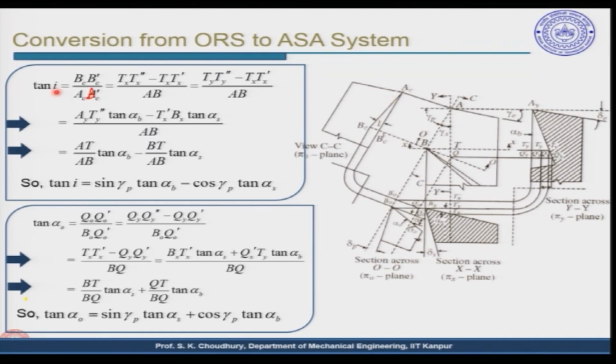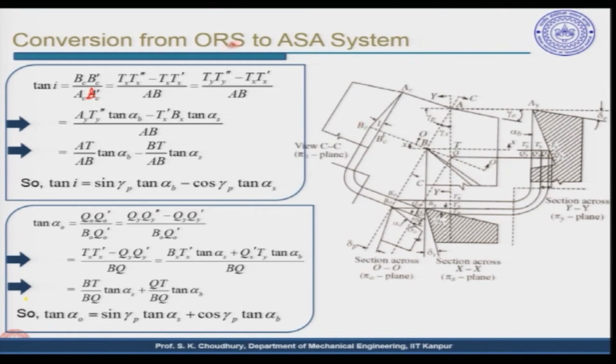That means, here what we are trying to show is that in this view, if this is the tan I, this can be correlated to all other planes. For example, here how we are doing that, as I said that AC and the BC prime, this is equivalent to A and the B. So, we are bringing the CC view, that means ORS or NRS.